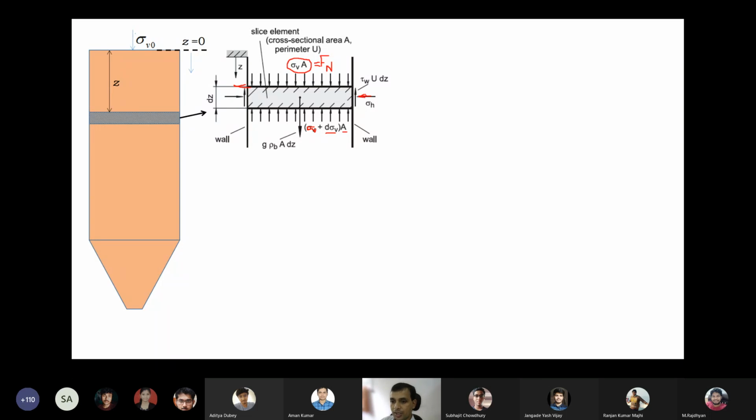Because of the horizontal stress, we have the resistance offered by this small element, that is shear stress. Shear stress acts in this direction, so we need to take the element area, that is A. So this is the top view, and this is the side view.